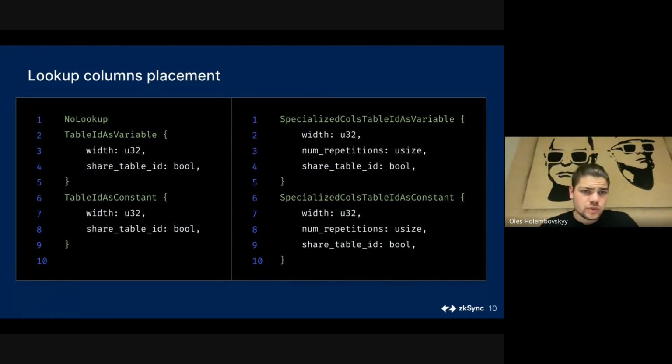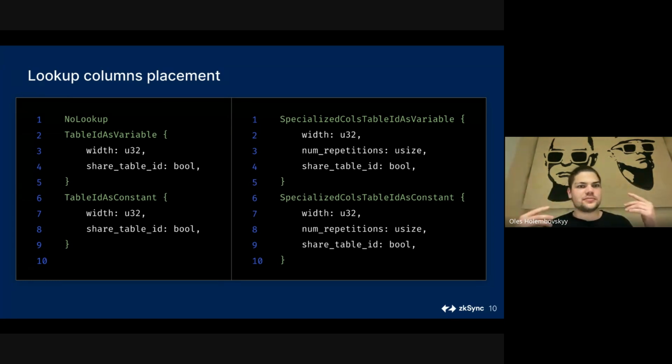What we also have is shared table ID. Imagine you have a lot of columns for lookup tables: 3 columns and other 3 columns and other 3 columns. For each group of 3 columns, you also want to add a table ID to recognize what table you should apply to these 3 cells.